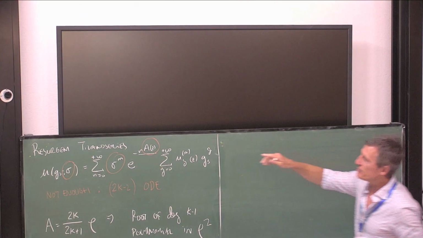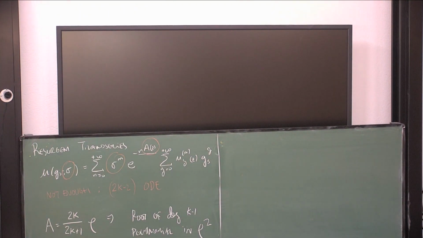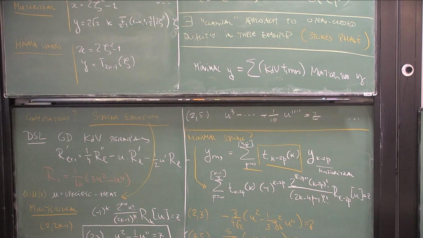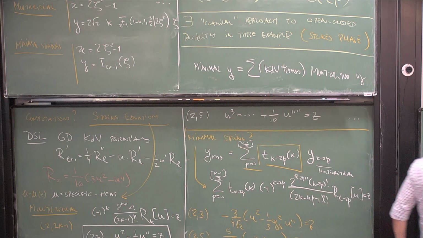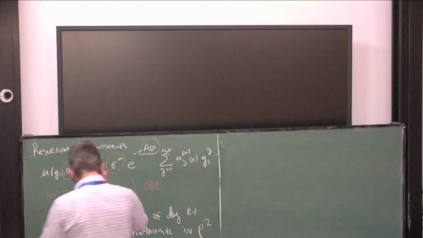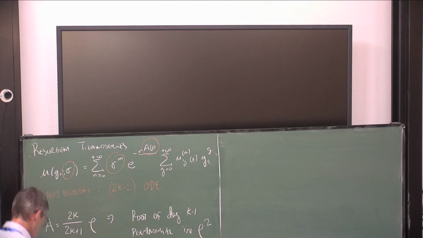Okay, so this is the story, if you want, that we already discussed when there was a previous blackboard here, when I said that the Borel transforms of string theory had this symmetry on the displacement of singularities. And now we see this exactly, because this is a root of the degree k minus 1 polynomial in rho squared, then the instanton actions are actually a vector of this type.